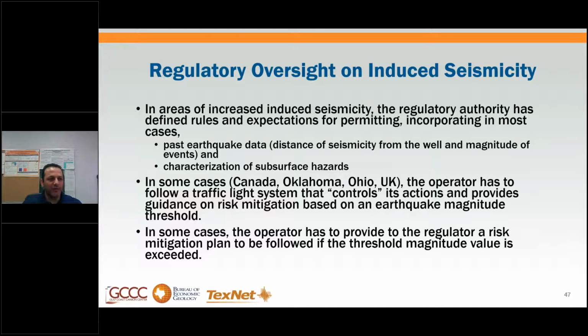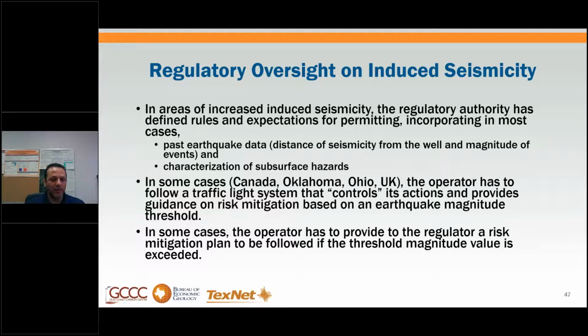As far as the regulatory oversight goes, in the areas where there has been increased induced seismicity, the regulatory authorities have defined rules and expectations for permitting. What we have observed is there are two things that are common in most of these regulations. One is looking at the past earthquake data, things like distance of seismicity from the injection wells and also the magnitude of the events.